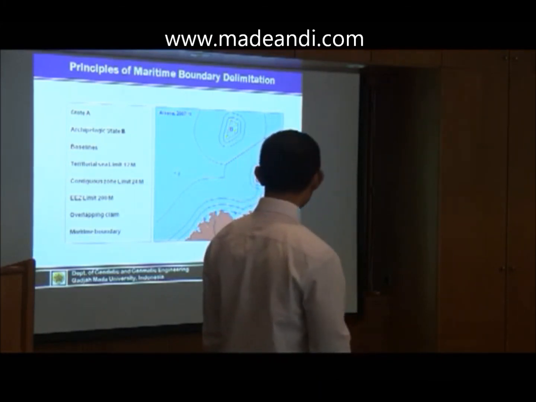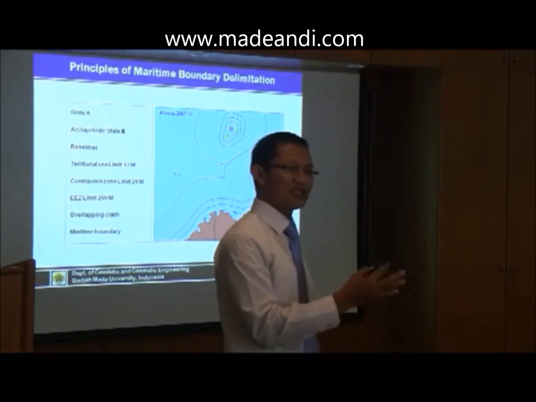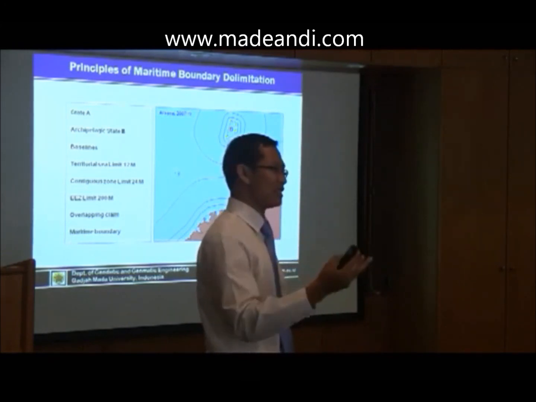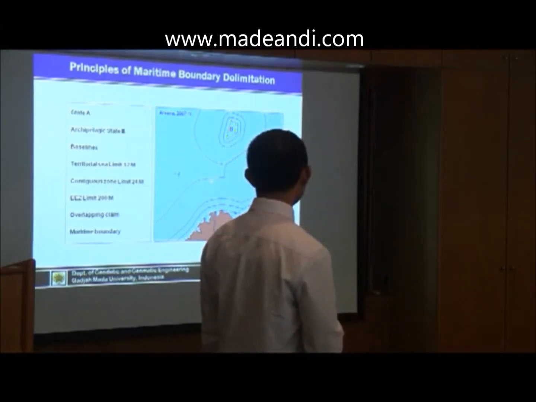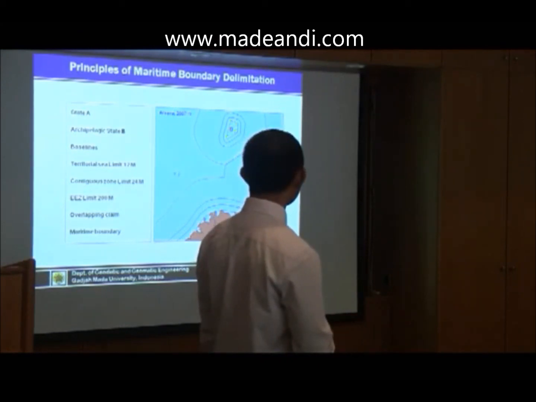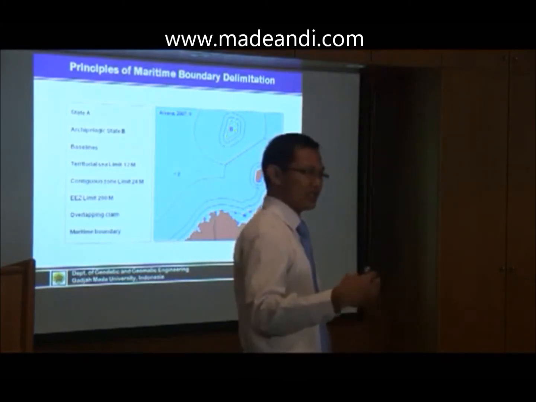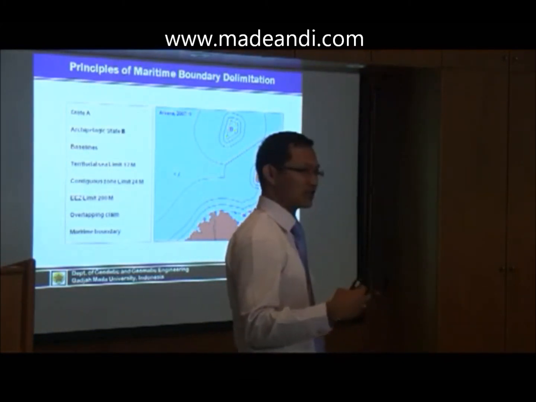So this part is what we call limits, and this part is what we call boundaries. That's why we use the different terms, limits and boundaries, in this case. To define this is very easy because it is unilateral. But to define this, it can take decades because it involves at least two countries negotiating.